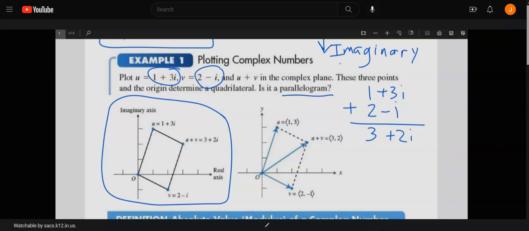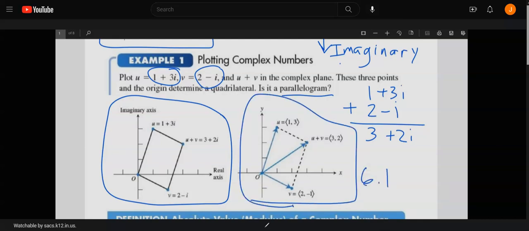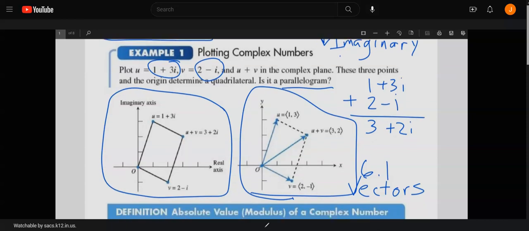You can add complex numbers together, but they're not really vectors, folks. It's just a dot. They're just trying to illustrate to you that 6.1 from vectors looks an awful lot like 6.6. I mean, really a lot.